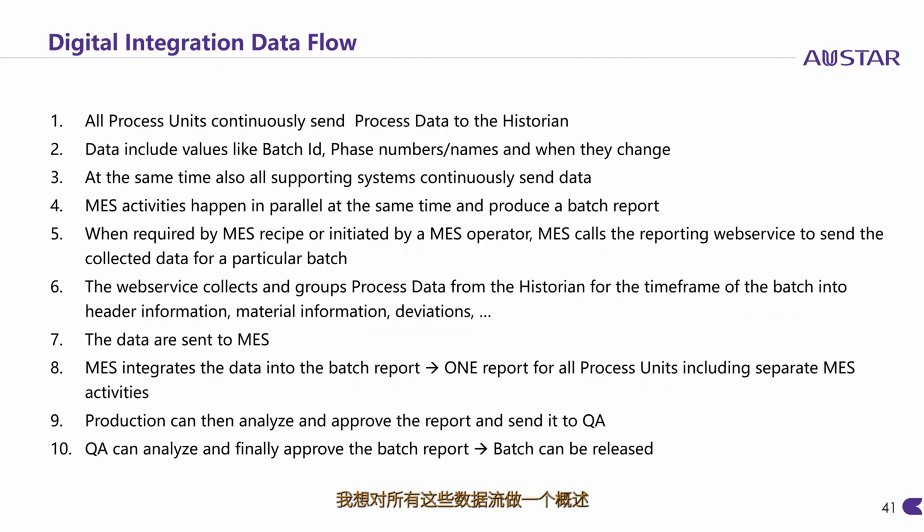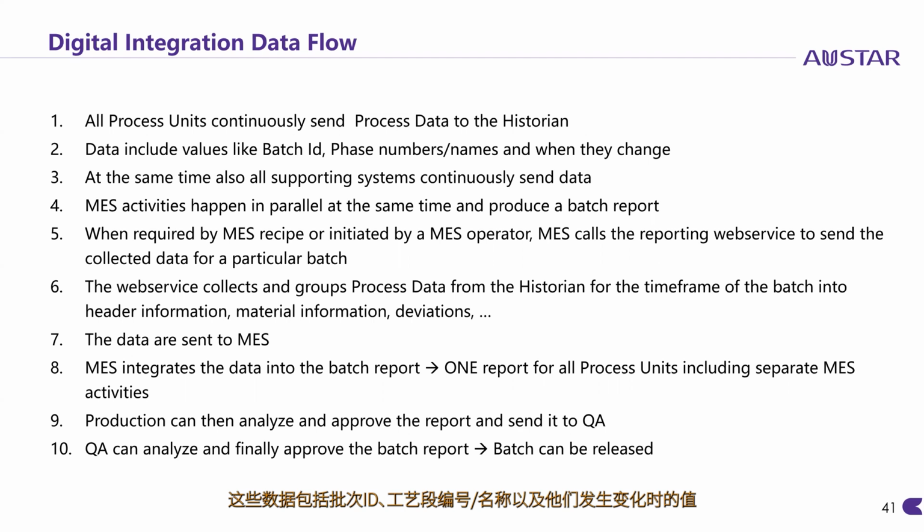I would like to give an overview of all this data flow. All process units continuously send process data to the historian. These data include values like batch ID, phase numbers, names, and when they change. At the same time, the supporting systems are also continuously sending data.